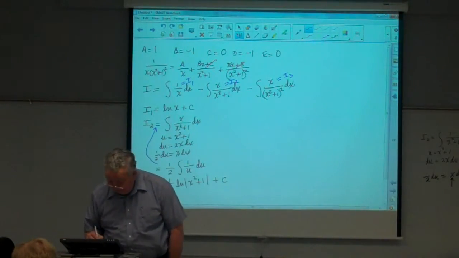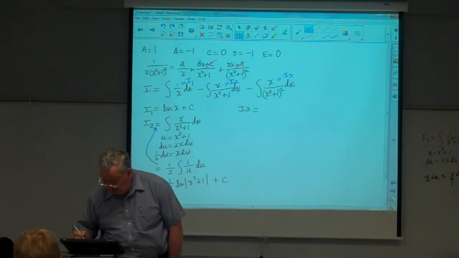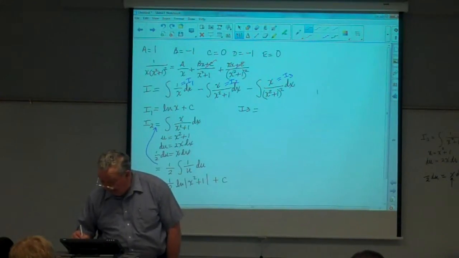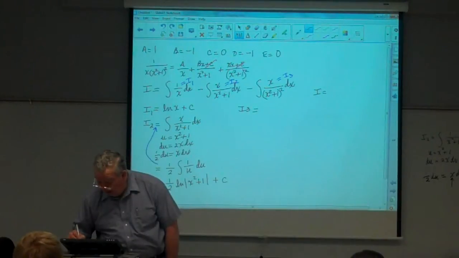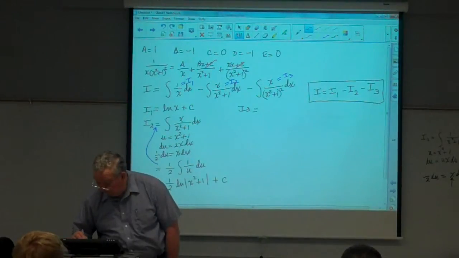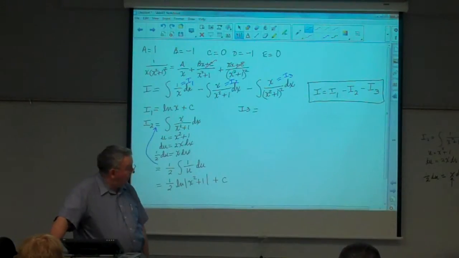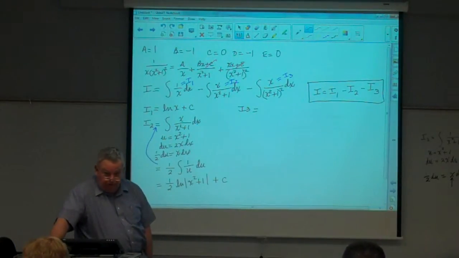Now I3. Now I is equal to I1 minus I2 minus I3, right? Everybody agree? I wrote it like that so I'd remember to put a negative in front of whatever I got for each integral, each of the last two.